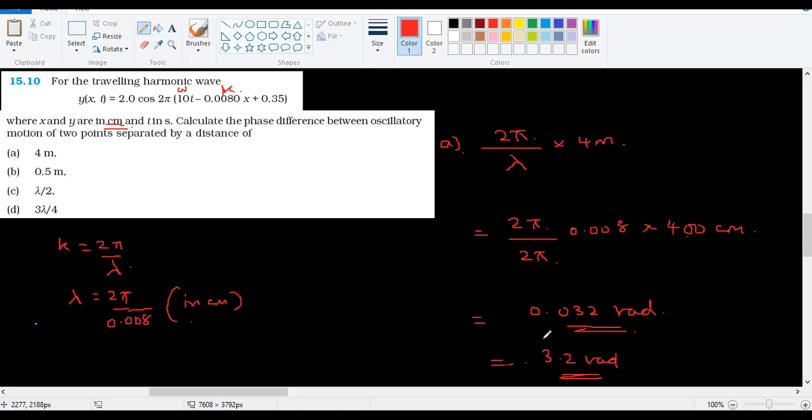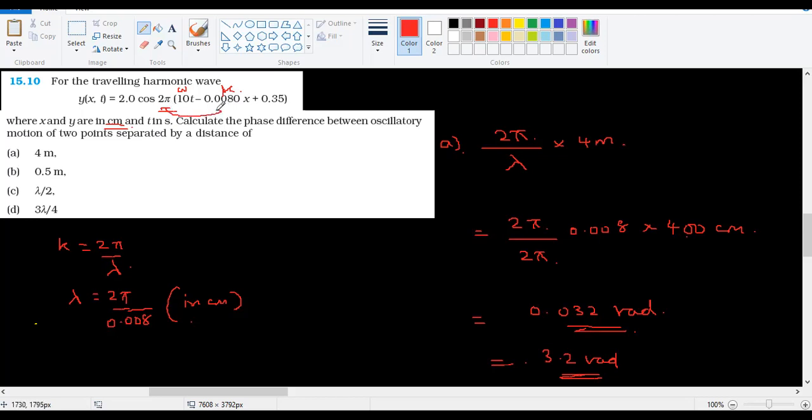Any step which is not clear? It's not matching with the book. Okay, the mistake I have done is I did not consider this 2 pi. I took only this one.